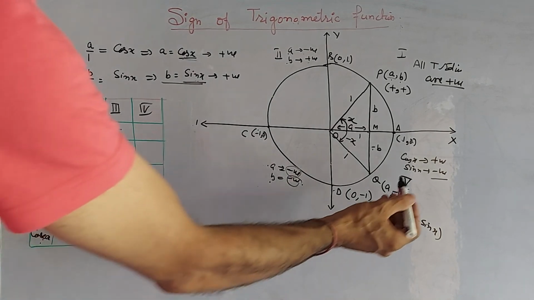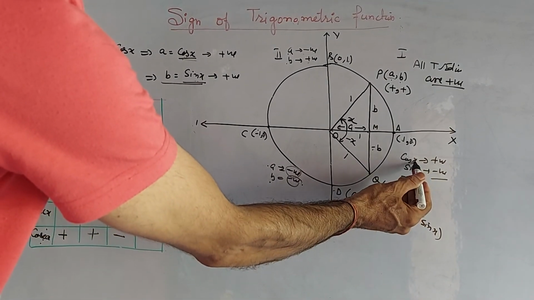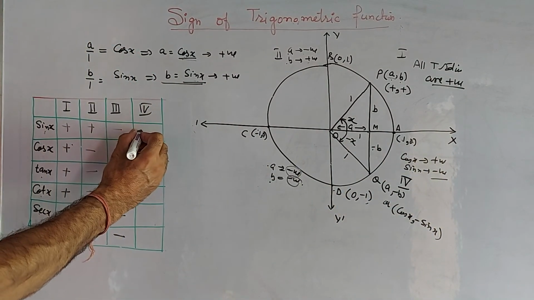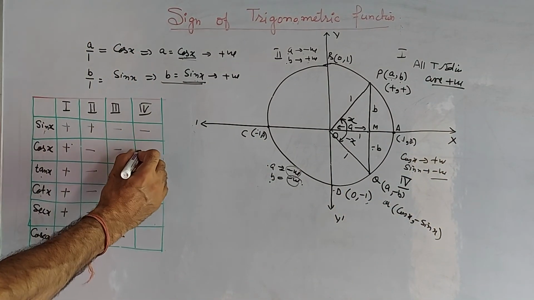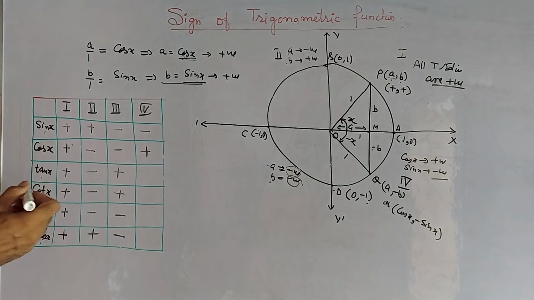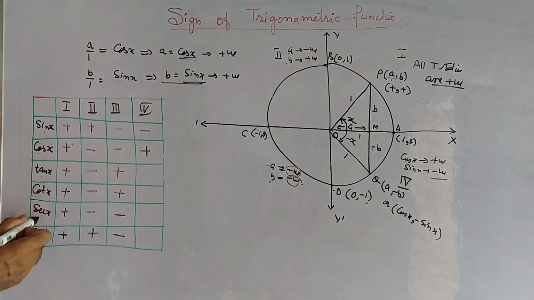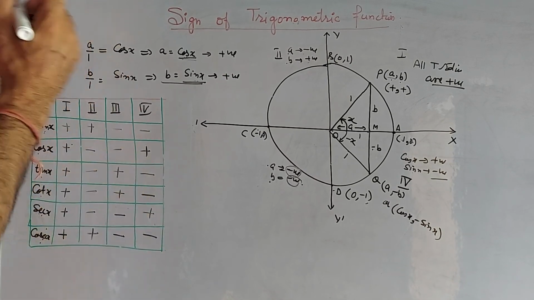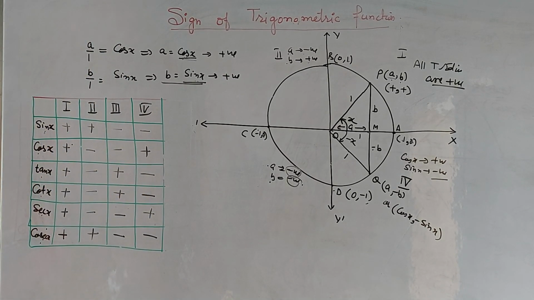In the fourth quadrant, we see that cos x is positive and sin x is negative. So this is negative, this is positive. Because of cos x, secant x is positive. All the others are negative. So these are the signs of the trigonometric functions.